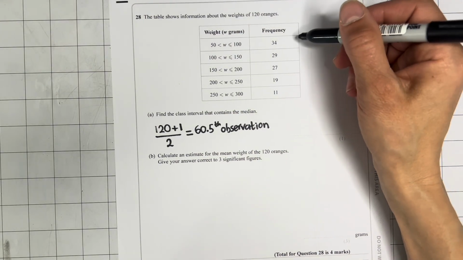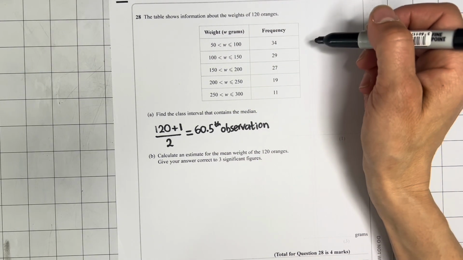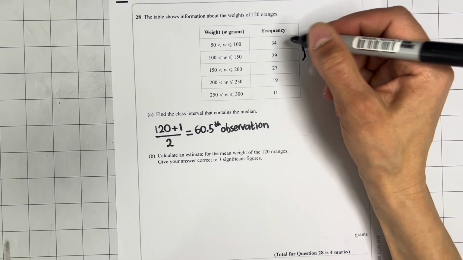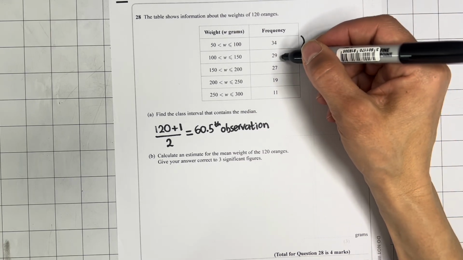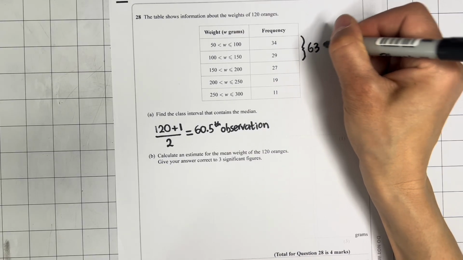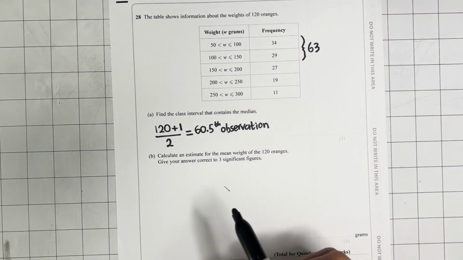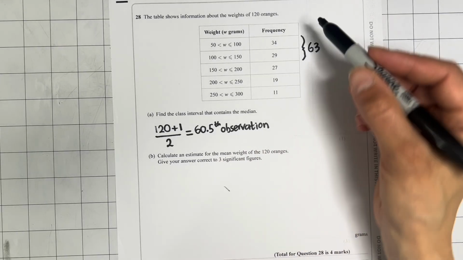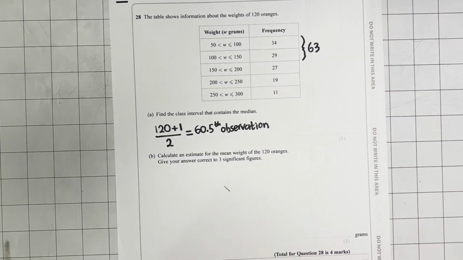So we can see we've got 34 observations up to a weight of 100. And then when we add these two classes, we can see we've got 34 plus 29, which is 63 observations up to 150, which means this 60.5th observation is somewhere in this interval here.